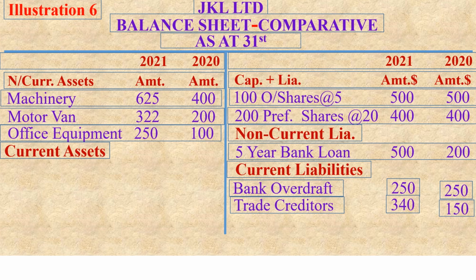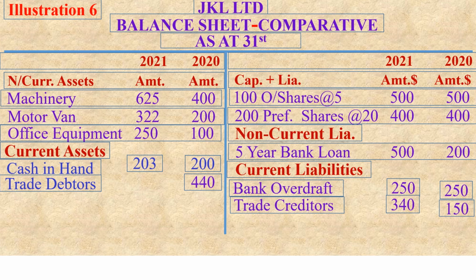Now, when you come to the side of current assets, again you realize that the cash in hand was $200 for the year 2020, while the corresponding figure for the year 2021 was $203, an increment of only $3.